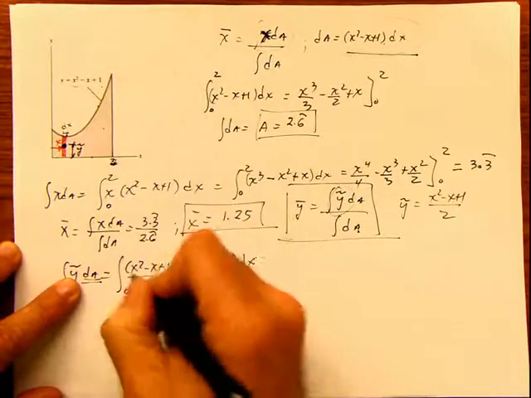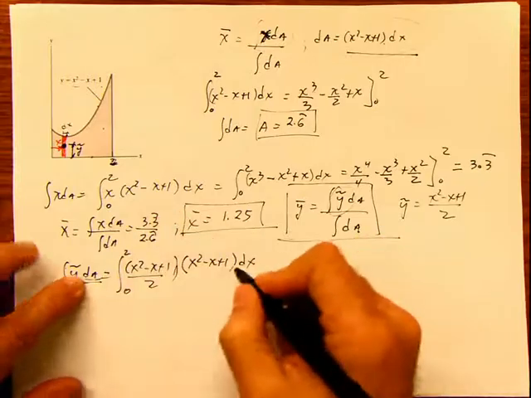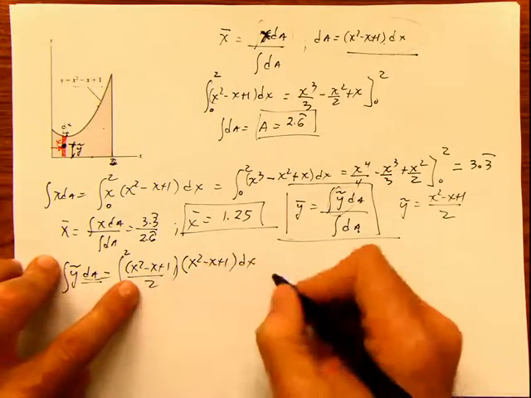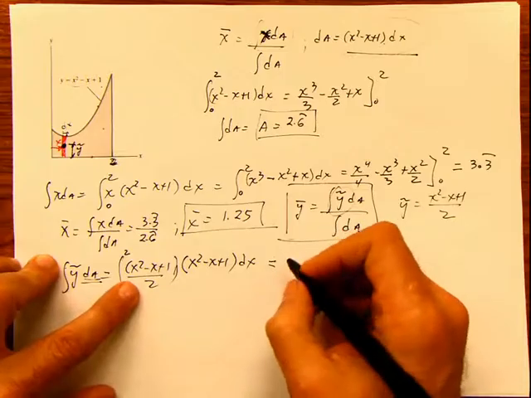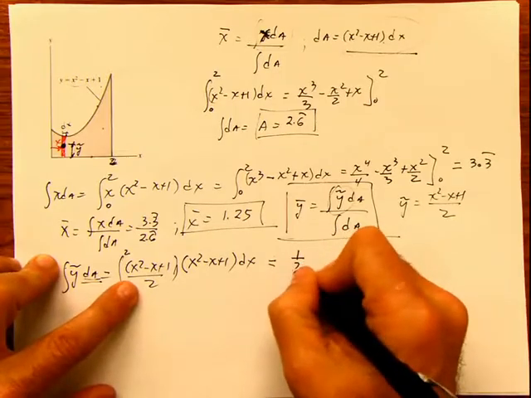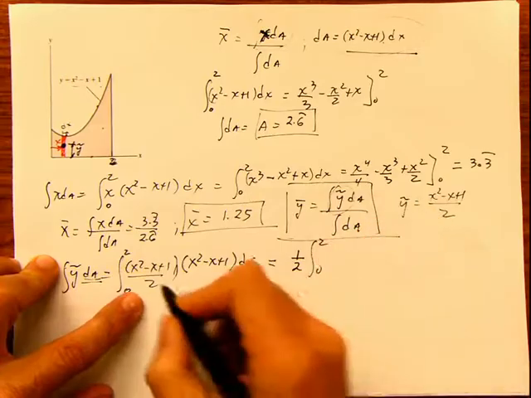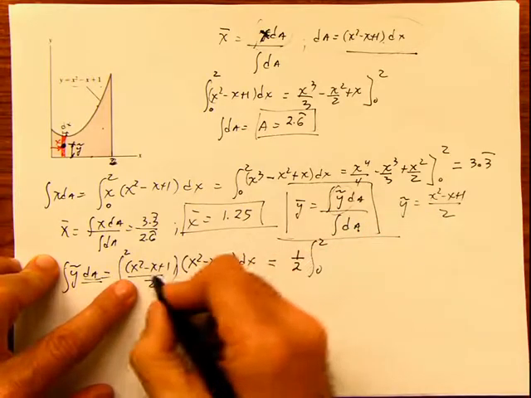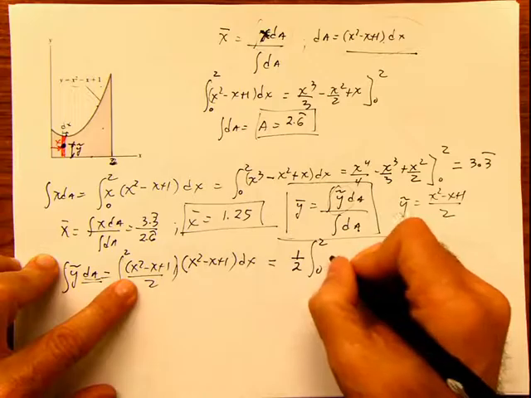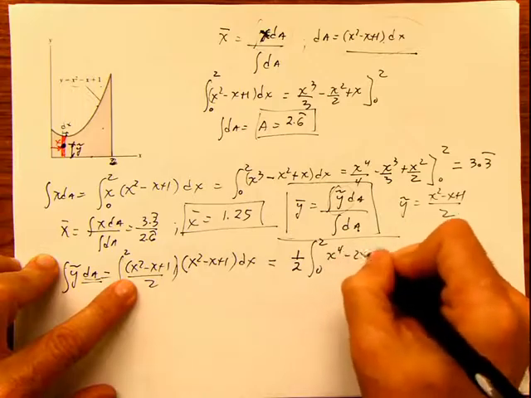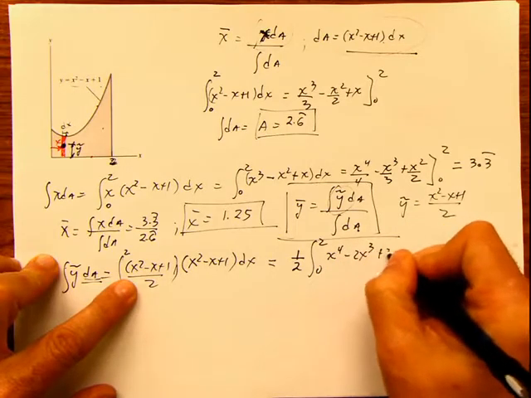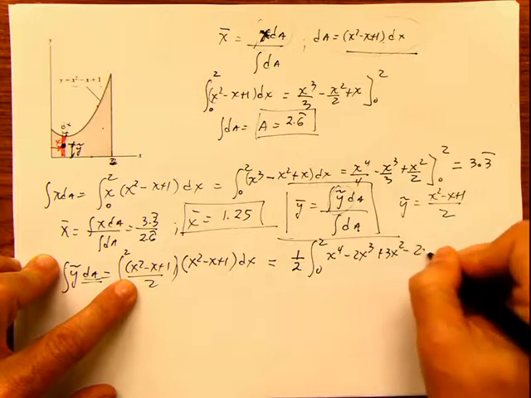So it will be from 0 to 2. And then I solve for this. It's going to be 1/2, taking this outside of the integral from 0 to 2. This times this, this times this, this times this. So this is going to be x to the 4th minus 2x to the 3rd plus 3x squared minus 2x plus 1 dx.